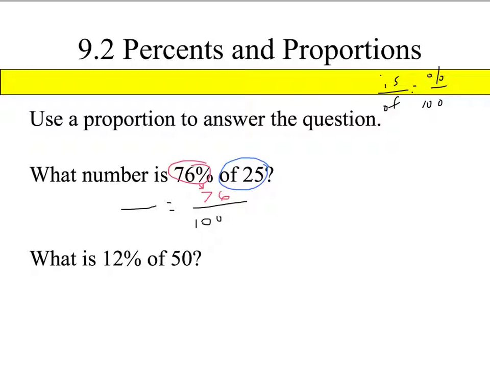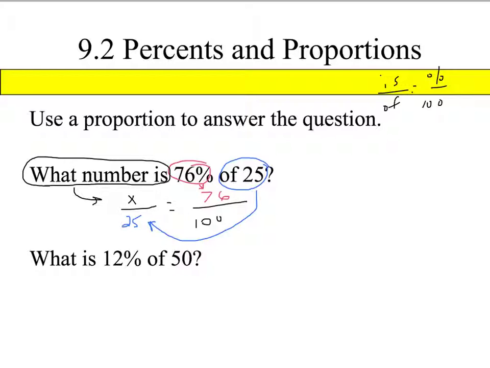So 25 is going to be on the bottom because it's attached to my of. Now, the question asks, what number is? That's what we're figuring out, so that's going to be my x.